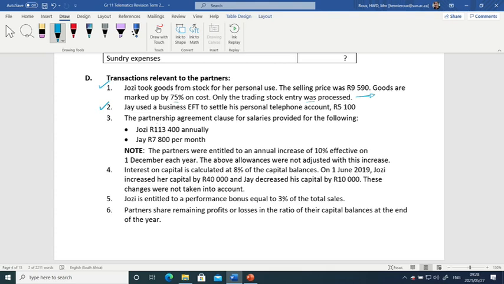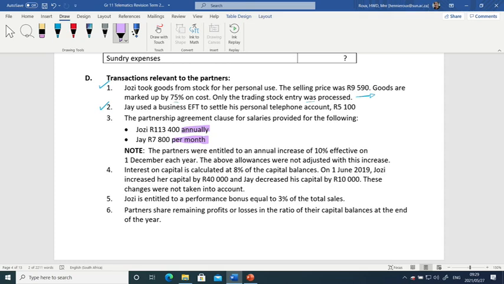Number 3, the partnership agreement clause for salaries provided for the following. Josie, 113,400 annually, and Jay, 7,800 per month. Make sure to read that, because that's going to make a big difference. J still needs to be multiplied by 12, while Josie already gave you the annual salary.